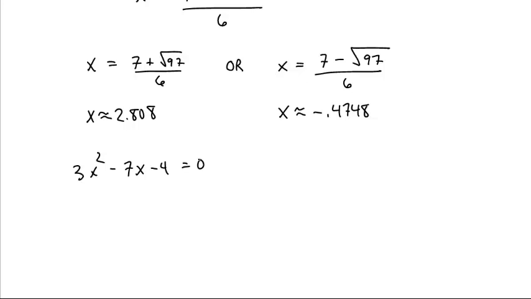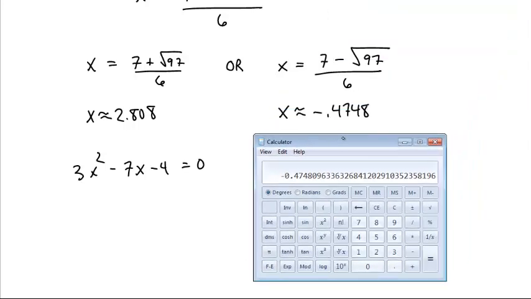Well, if 2.808, what is that squared? 2.808 squared times 3 is some number, minus 7 times 2.808, and then we subtract 4 and we get remarkably close to 0. We get 14 10,000ths. We get no ones, no tenths, no hundredths. So pretty close because we only approximated.